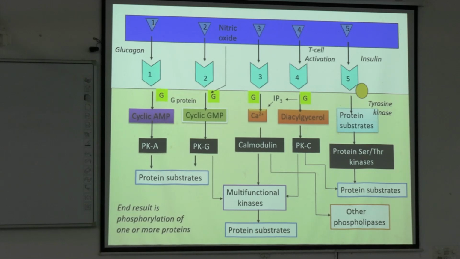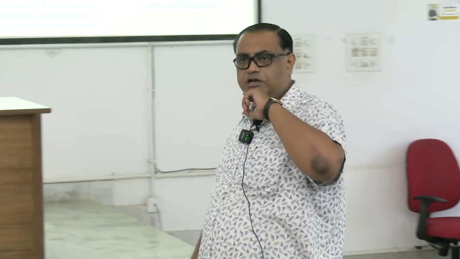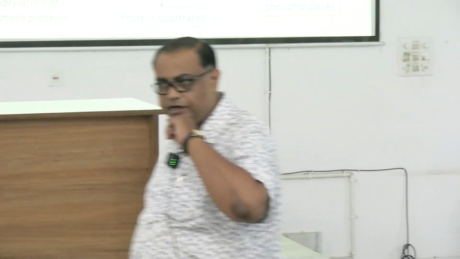From where? Phosphatidyl inositol. From where? Cell membrane. In the cell membrane there are phospholipids. The first fatty acid is usually saturated. The second, C2, is usually unsaturated. And the third one is a phosphorylated product.